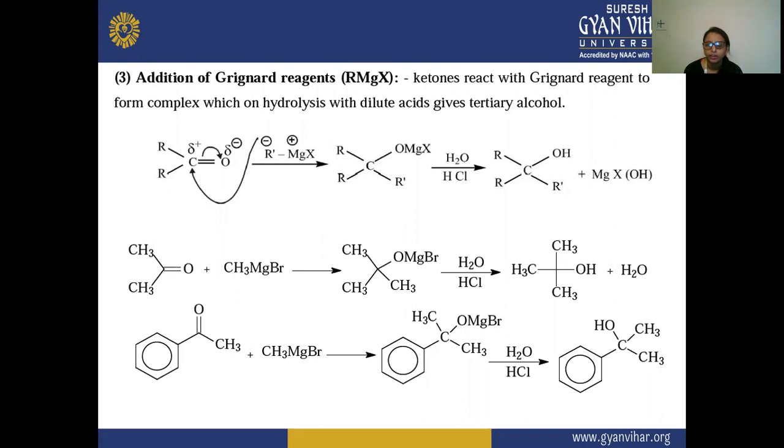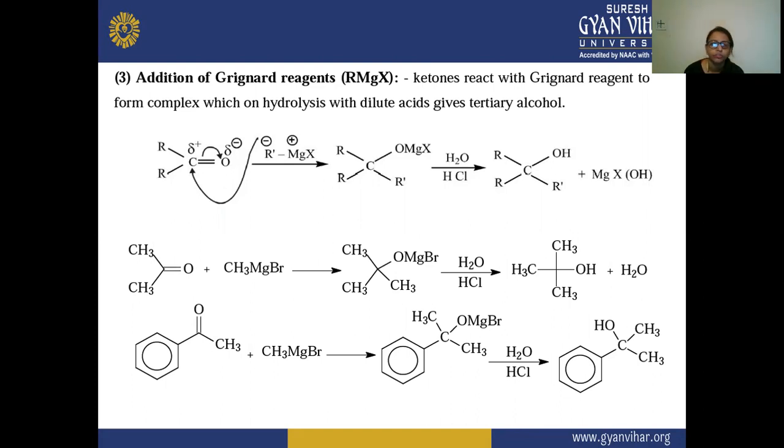After that, it is hydrolyzed in the presence of dilute acid, that is the dilute HCl we have taken here, and there is a formation of this alcohol, that is your tertiary alcohol, and MgXOH is formed after that. So here you will see when the ketones react with RMgX, which is your Grignard reagent, there is a formation of this intermediate, and after that this intermediate is hydrolyzed with your dilute acid.